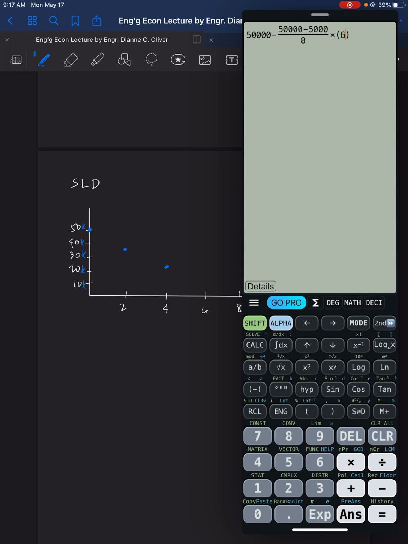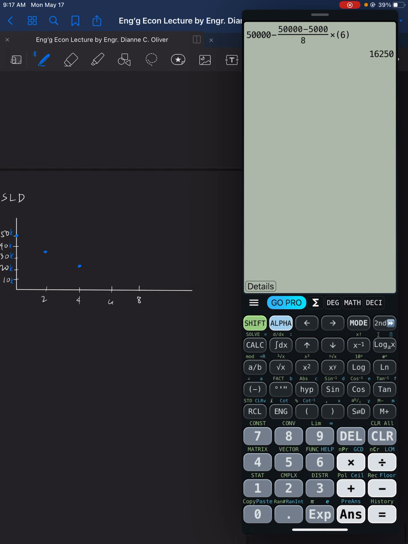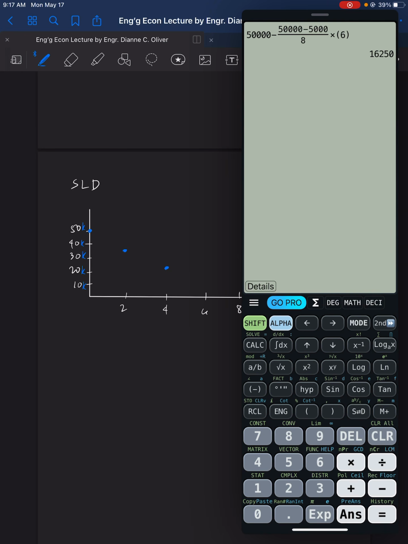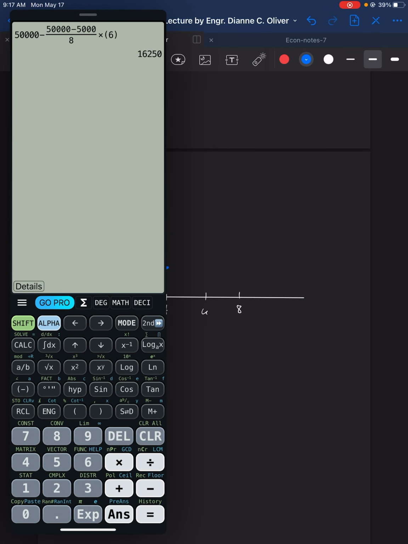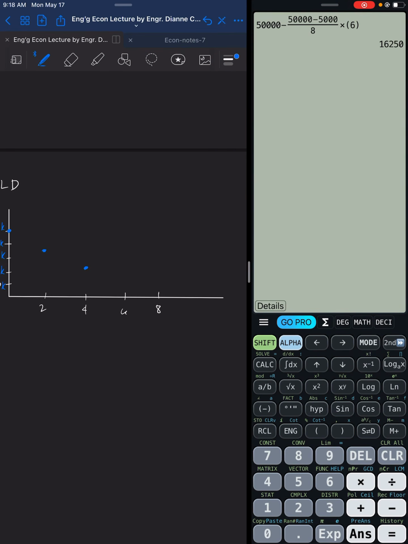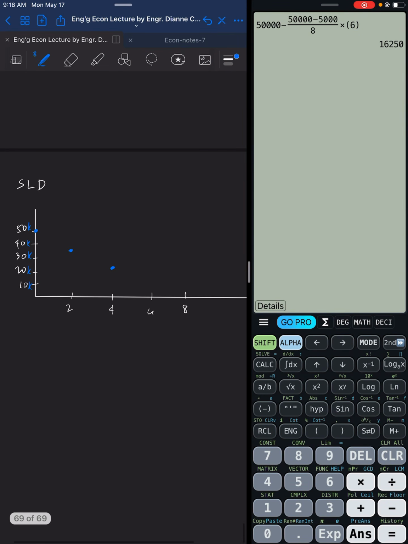At the sixth year, 16,250. And the eighth year we have 5,000. So yes, this is the salvage value.